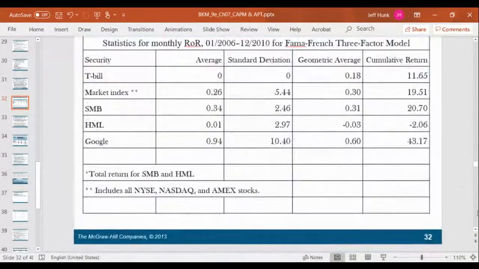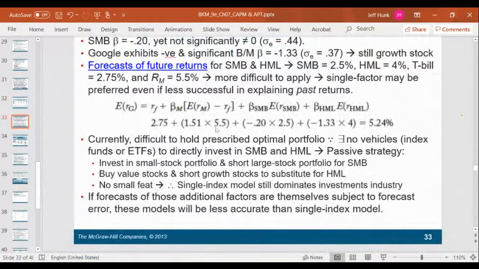That's why they are saying it's more difficult to apply. First of all, the small firm premium cannot just come from one single company's data. You have to collect data for S&P 500 small cap companies, and then S&P 500 large cap companies.